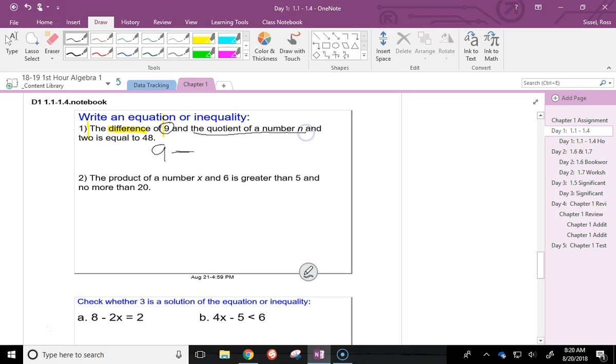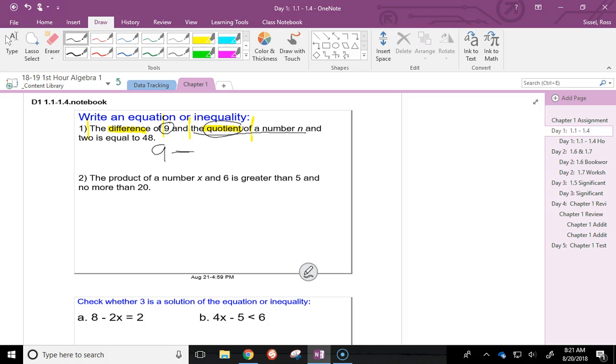Now I'm going to break it up because I see quotient. I should actually highlight that. That means I'm going to have another step in here. So the quotient of, I still have that phrase right there. Do you see how we break up the phrases? It really makes it easier. The difference of 9, so I put the subtraction, 9 came first.